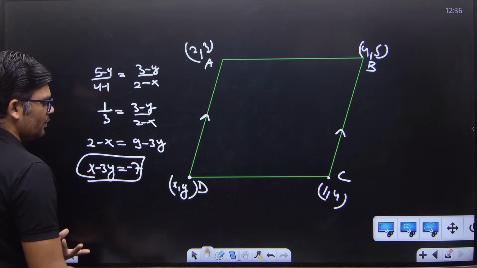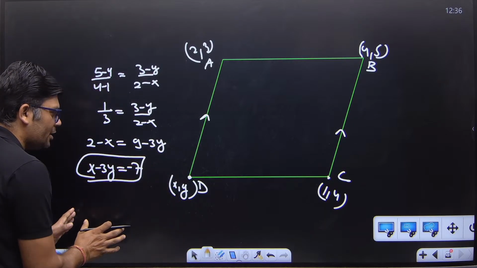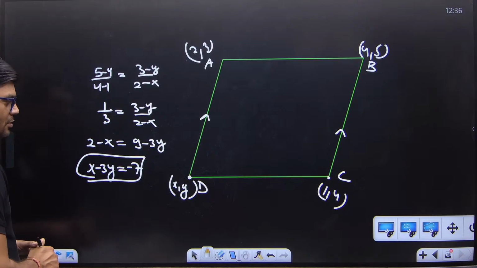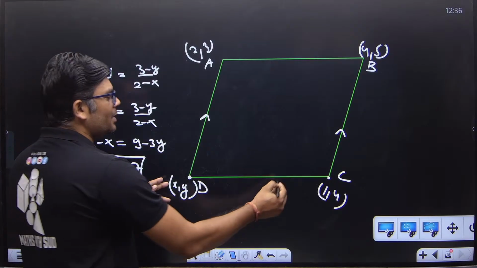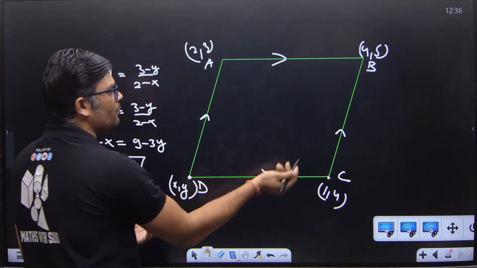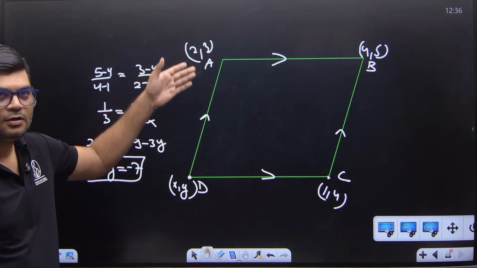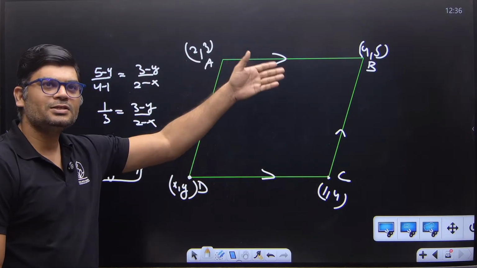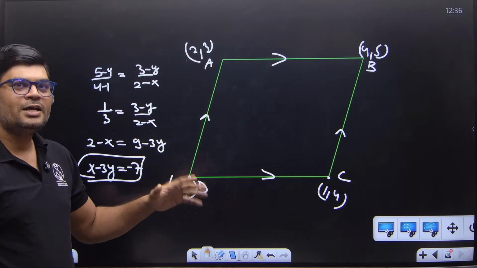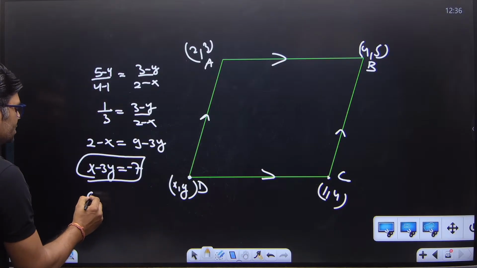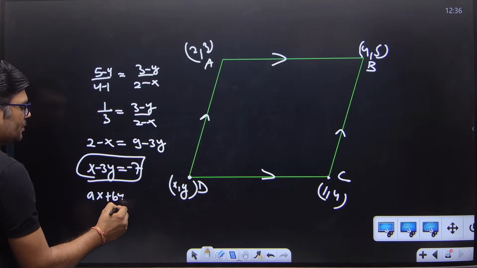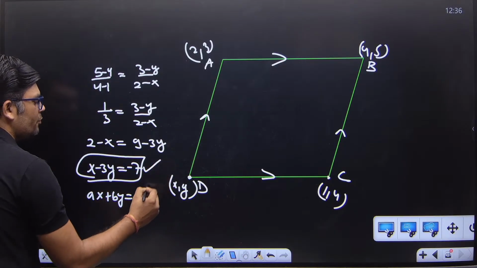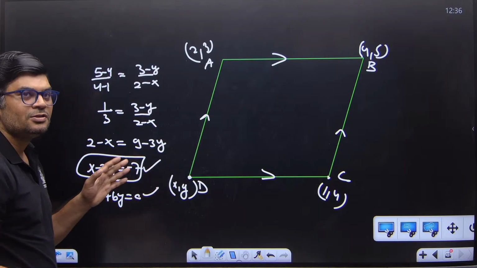So you need to have another equation. The other equation you can find by making this slope also equal. Let us suppose that there is some other equation which is coming as ax plus by is equal to c. So two equations you are making and then solving.